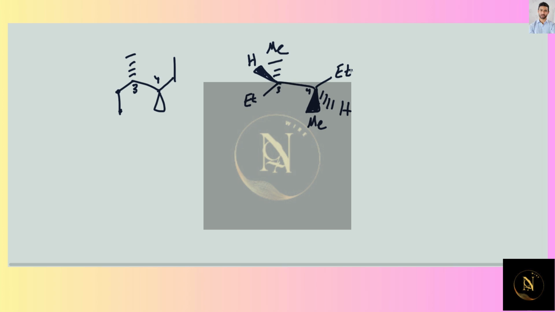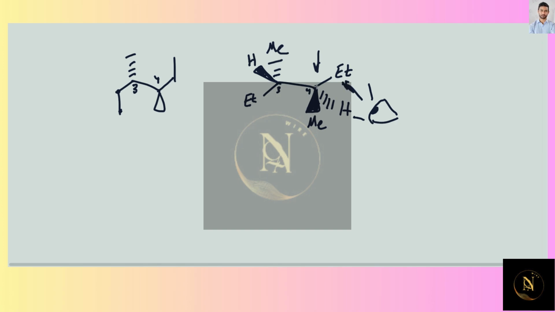Great. Okay, so now we're going to look down that bond, right? That's an eyeball. And so I'll just start from this carbon. What it looks like to me is that I would have an ethyl pointing straight up if I were looking from this angle.